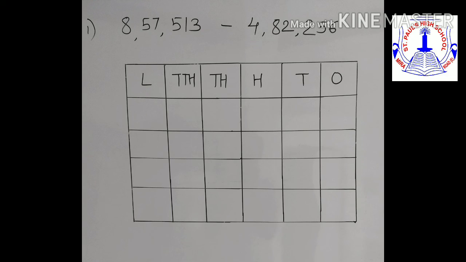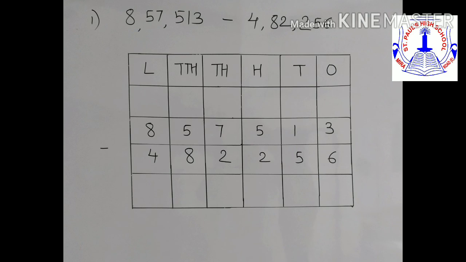Given numbers are of 6 digits, so we have to write according to their places, that is ones, tens, hundreds, thousands, 10,000s and lakhs. So we will write 8,57,513 minus 4,82,256. When we are subtracting a number, we have to subtract from the right hand side and move towards the left hand side.